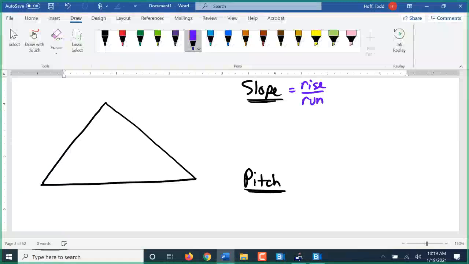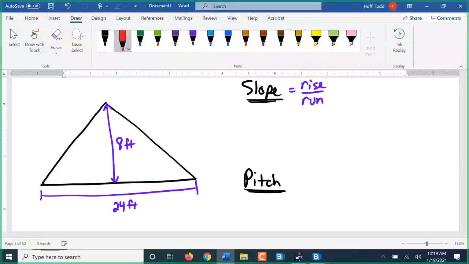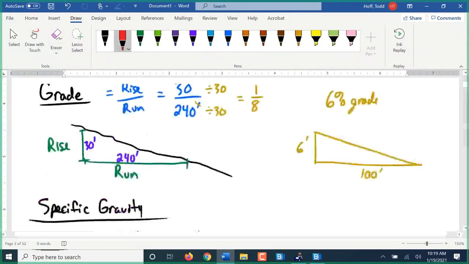So what that means, if I come over here to this truss, this roof line here, this is the rise. And let's say that that is 8 feet. The span of this truss is 24 feet. The run is the horizontal distance of the slope, just like it was with the grade.